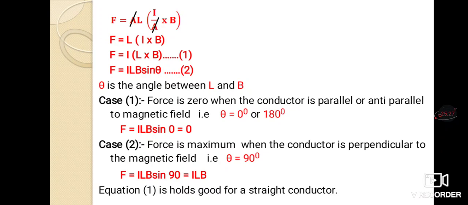So instead of L, you have to consider small strips dl. Then we take the vector sum of I dl cross B, that is, the summation or the integration, if the wire is not straight.